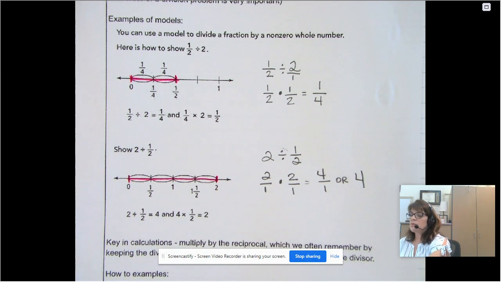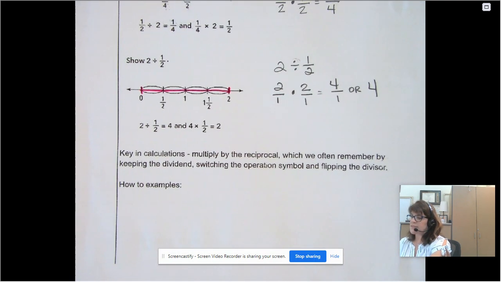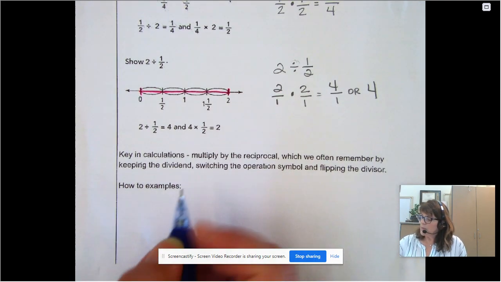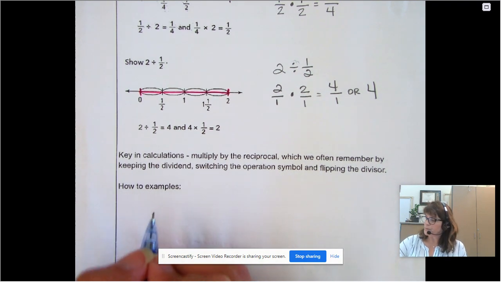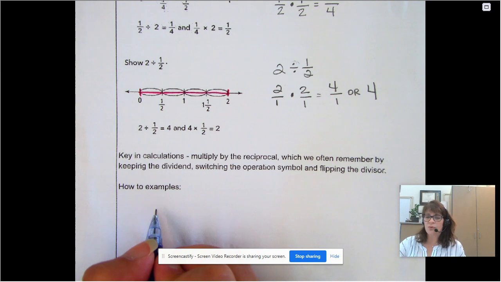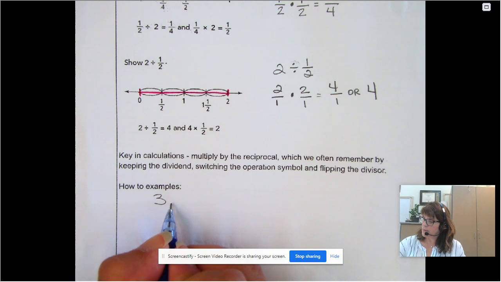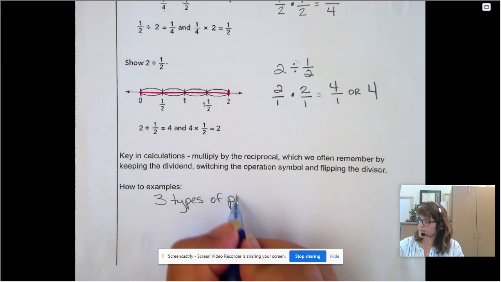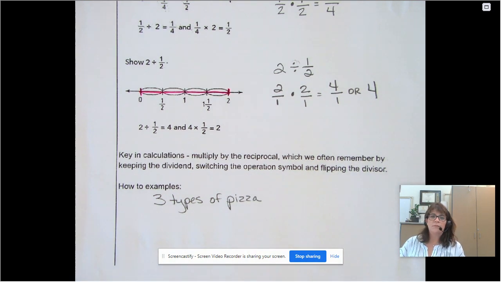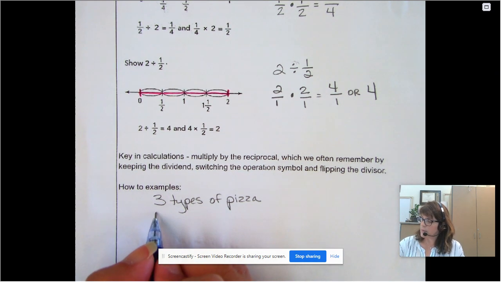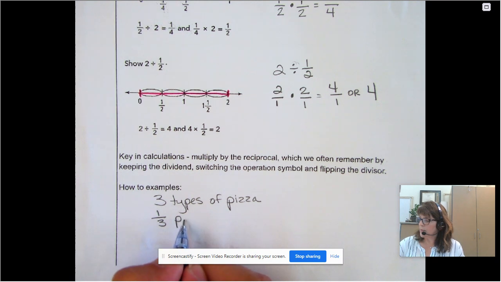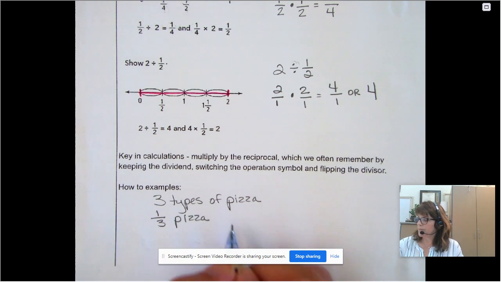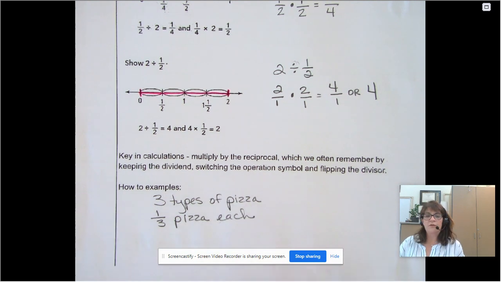Okay? So let's just grab one that's maybe a little bit different. Let's say there are 3 types of pizza. You'll notice I do a lot of math with food, especially fractions. 3 types of pizza. Okay? I want each teenager to be able to have one-third of a pizza.